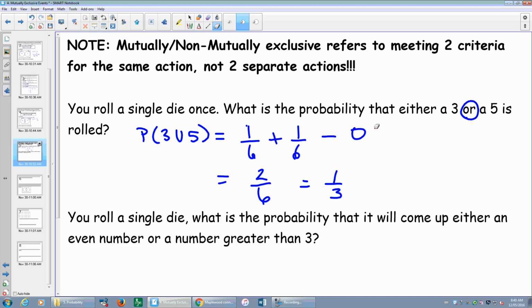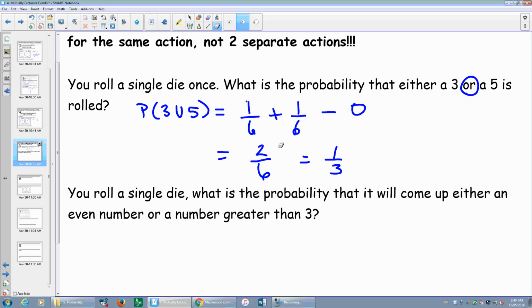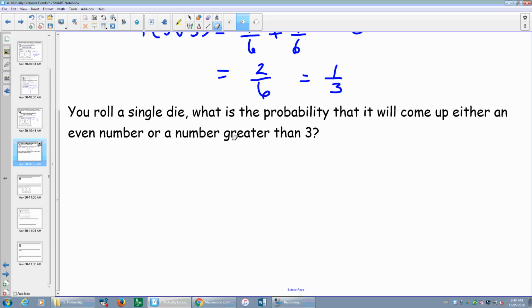Are we okay with this? So it says you roll a single die. What is the probability that it will come up either an even number or greater than 3? So I'm going to jot down these numbers here. 1, 2, 3, 4, 5, 6. Those are the dice.